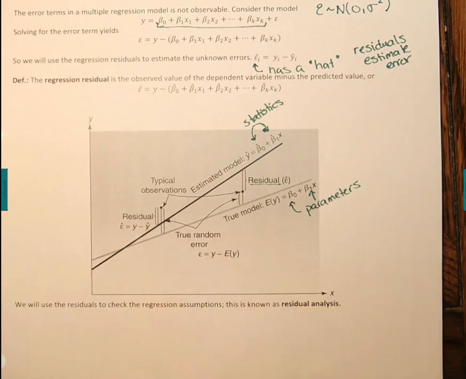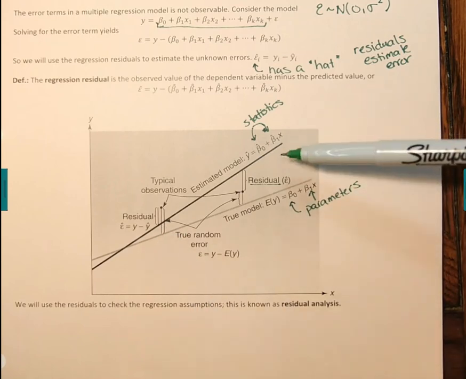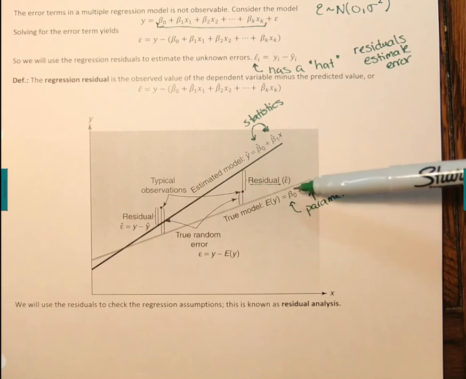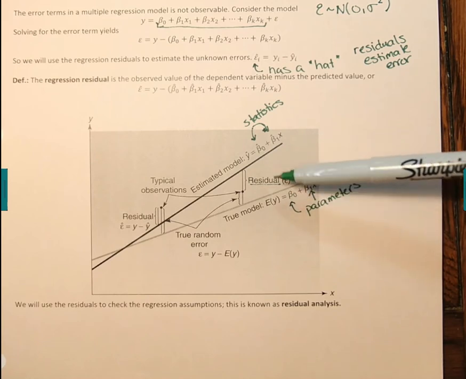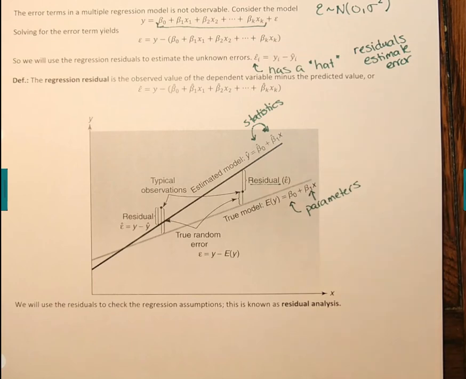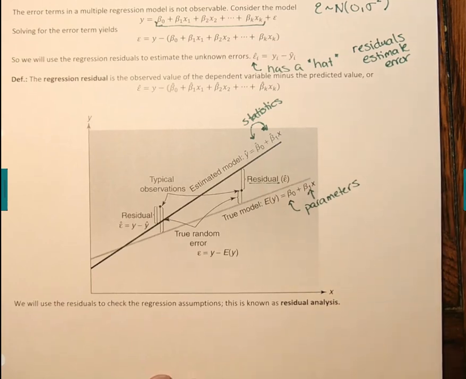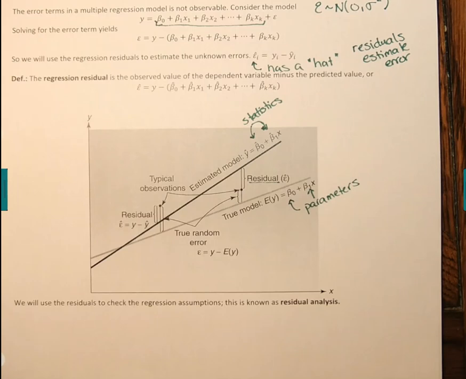Ideally, we hope that our estimated model is close to our true model, and if that is the case, then the residual and the error will be very close to one another. So we're going to use the residuals to check the regression assumptions, and this is known as performing a residual analysis, not regression analysis.